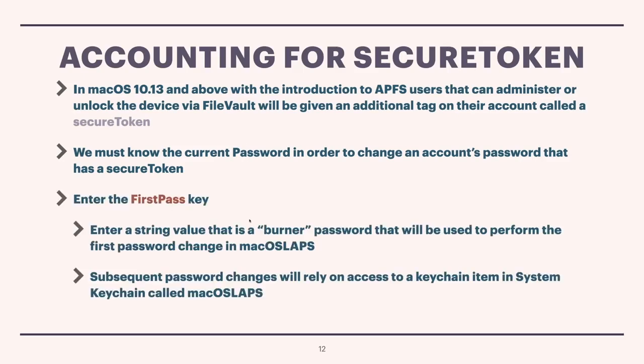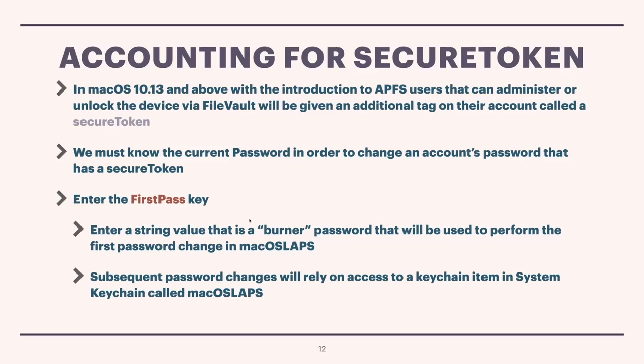forward. So what we went ahead and introduced is what's called the first pass key. It's a string value that we'll say is kind of like a burner password, or a password you're going to use one time. It's going to be used to perform that first change for macOSLAPS. When it runs the first time, it's not going to see that there's already been a password change done, so it's going to use that value from the configuration profile for the first password.